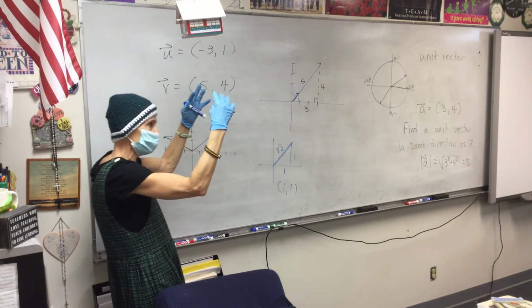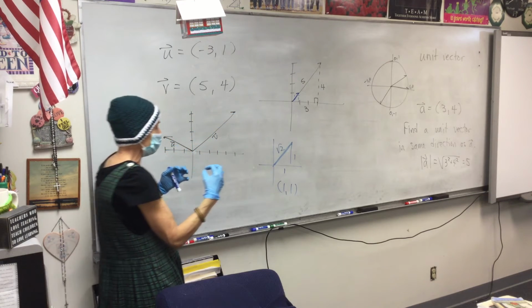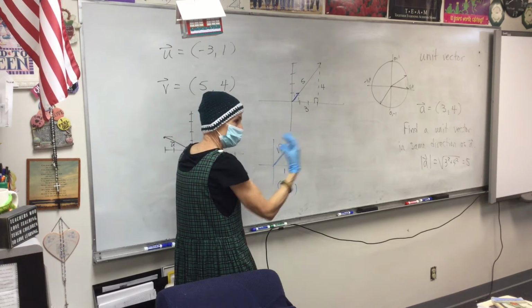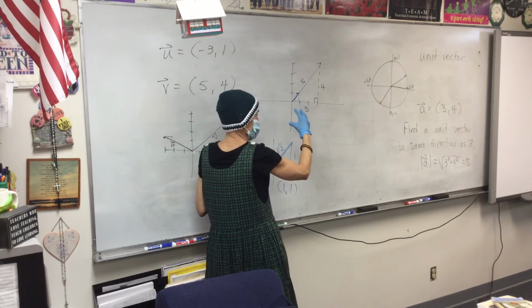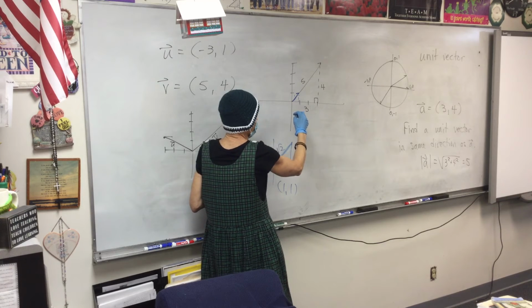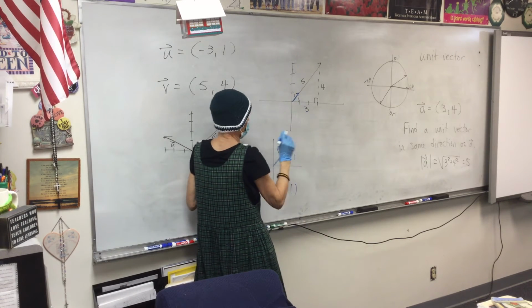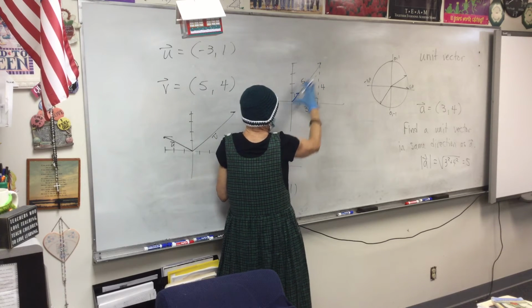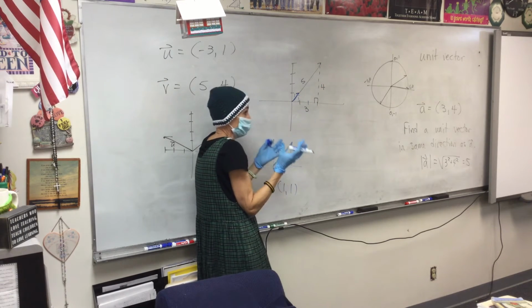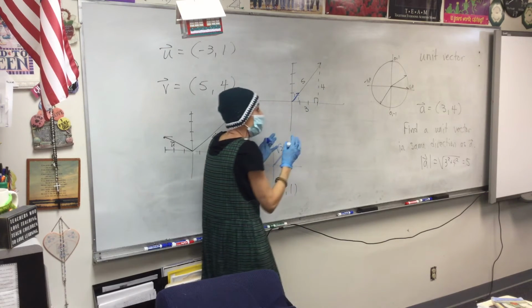Pretend that you had a shrinking machine. You know how you zoom in and out? I don't know which way I'm zooming here, but I want to shrink this thing, okay? I want this length to be 1. So in other words, I want to shrink this thing by a factor of 5. Instead of being 5 units long, I want it to be a 1/5 of that.